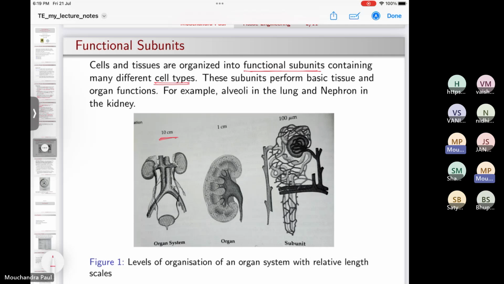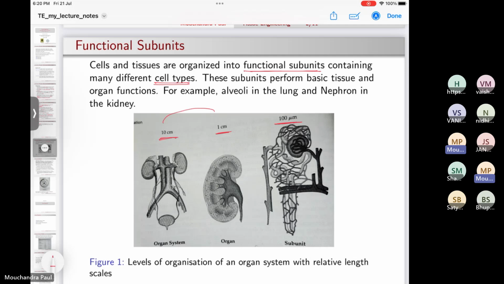One organ, like one kidney, is say 1 centimeter. And if you look into the size of each functional subunit, the nephron of a kidney, it is hardly 100 micron. See the reduction in the order of magnitude of the sizes of these structures.